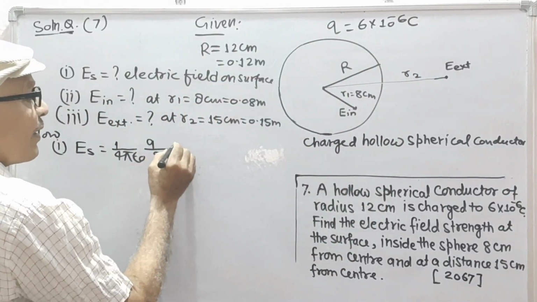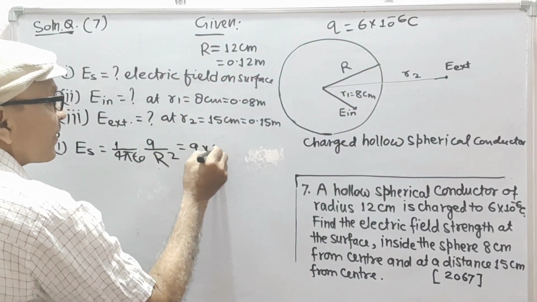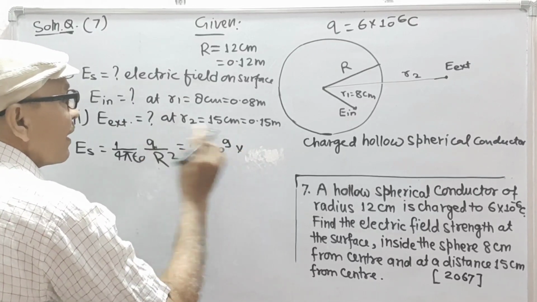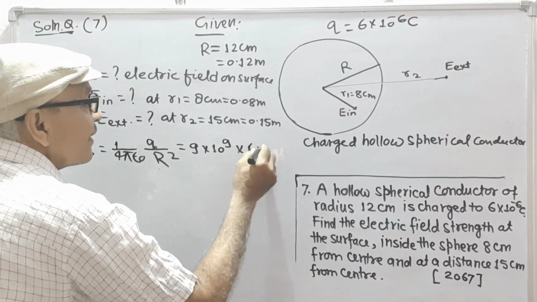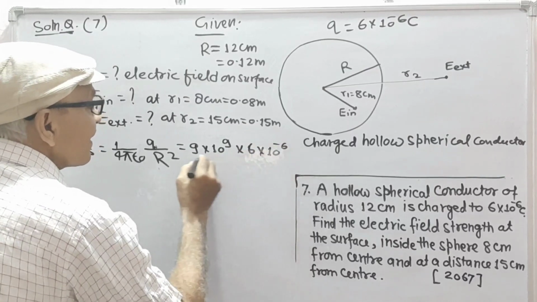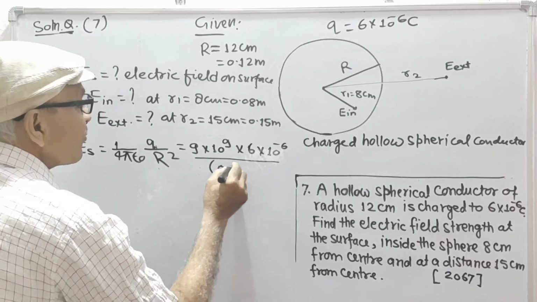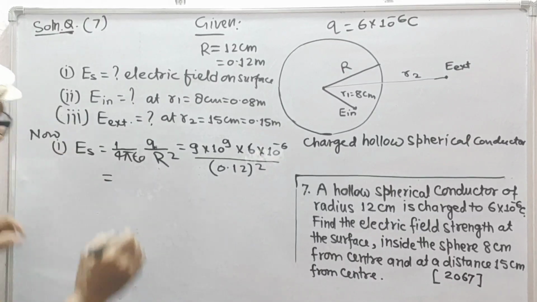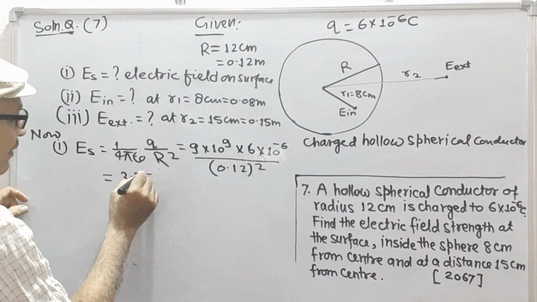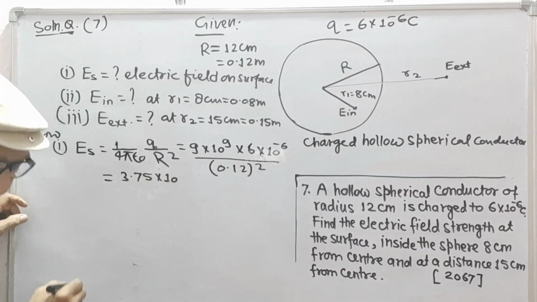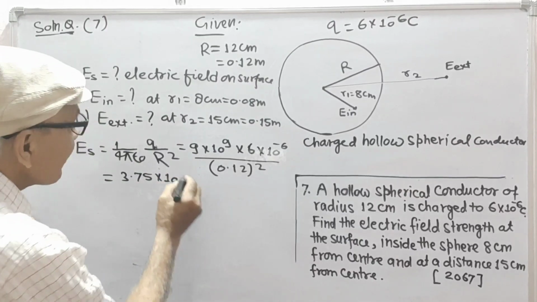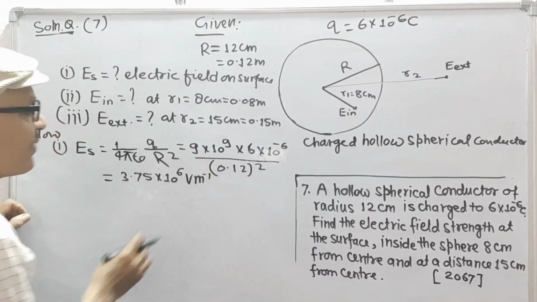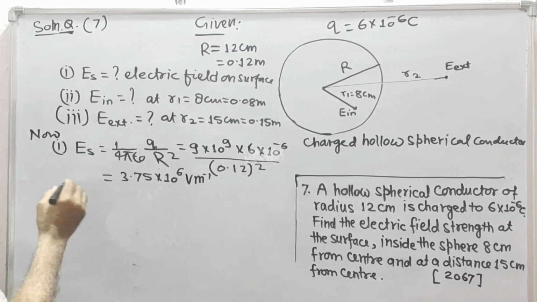So 9 into 10 to power 9 into Q, which is 6 into 10 to power minus 6, upon 0.12 whole square, which gives 3.75 into 10 to power 6 volt per meter, which may also be written as Newton per coulomb.